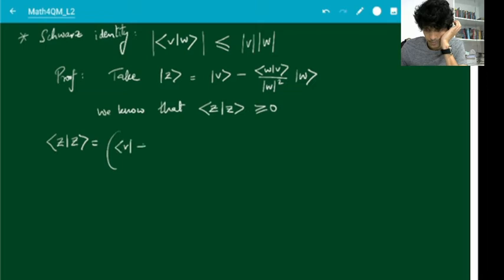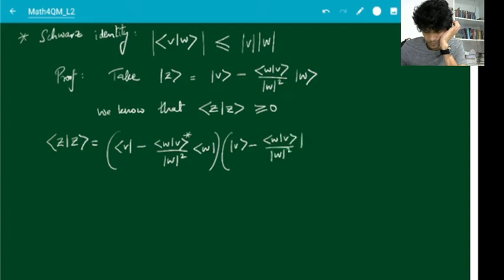v minus, I have to take the complex conjugate of this, times itself, and now I will do term by term.